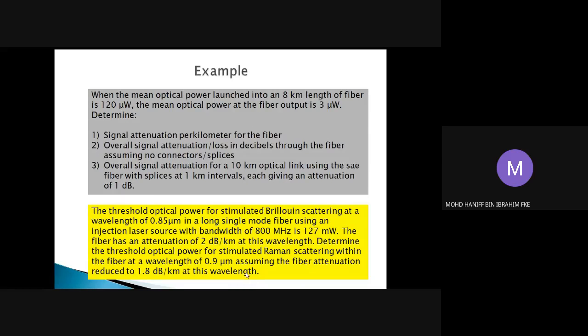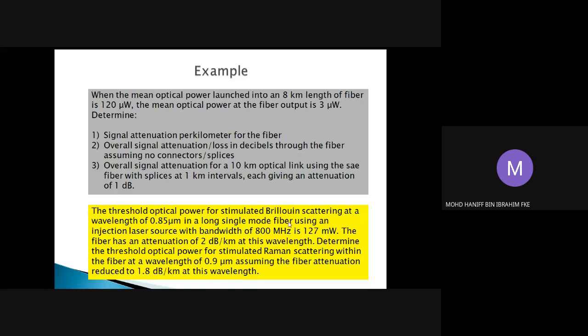Previously we were working on this single mode fiber at 0.85 micrometer wavelength, and the SBS threshold power is 127 milliwatt, and the single mode fiber has a loss of 2 dB per kilometer at this wavelength.